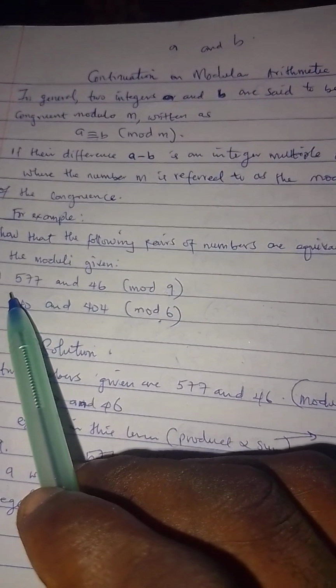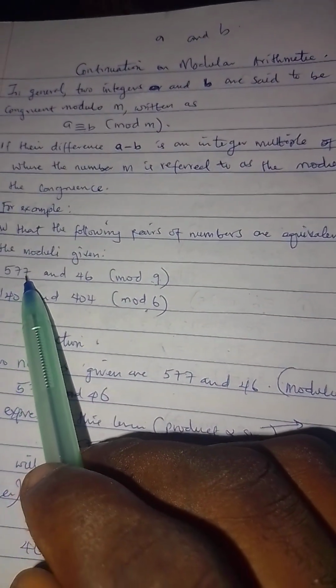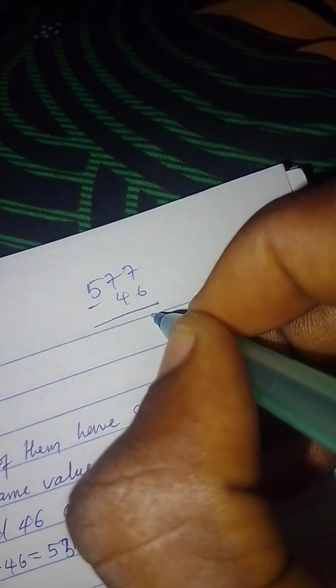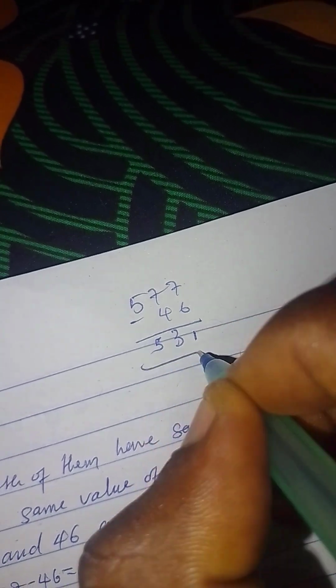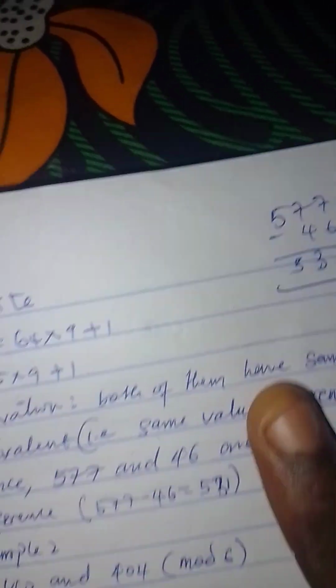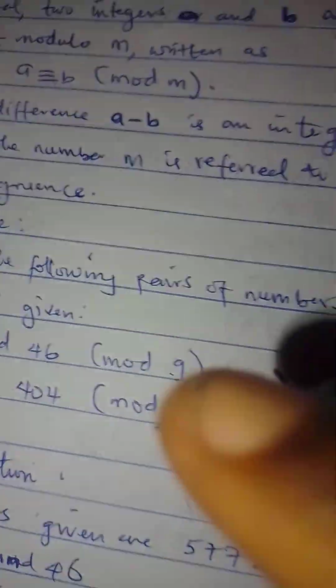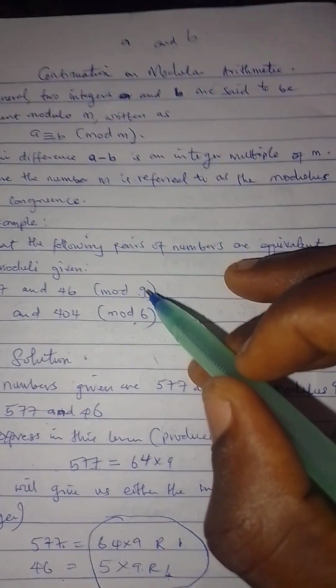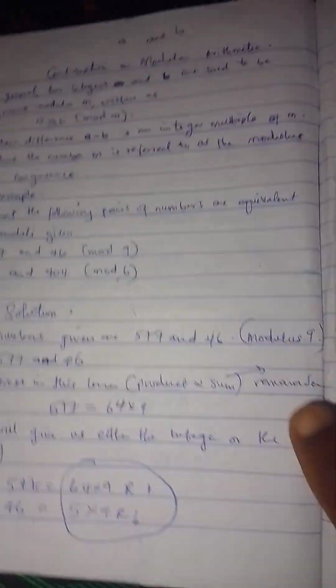What is a? 577. What is b? 46. Let's take their difference, 577 minus 46. I have 7 minus 6 to give 1, 7 minus 4 to give 3, and then you bring down 5. Now, if you check your multiplication table, you will notice that 531 is a multiple of 9. Check your multiplication table to confirm.